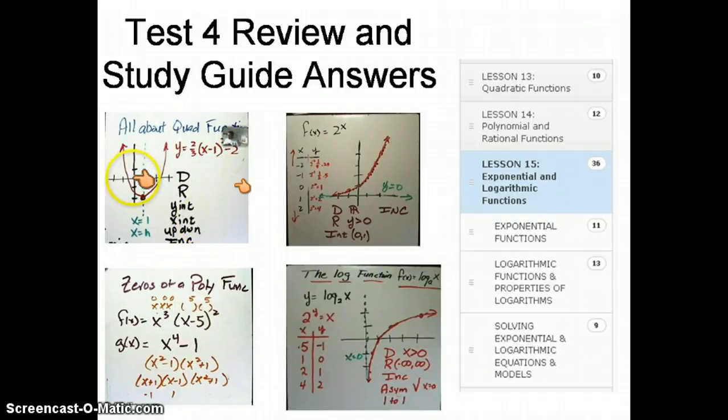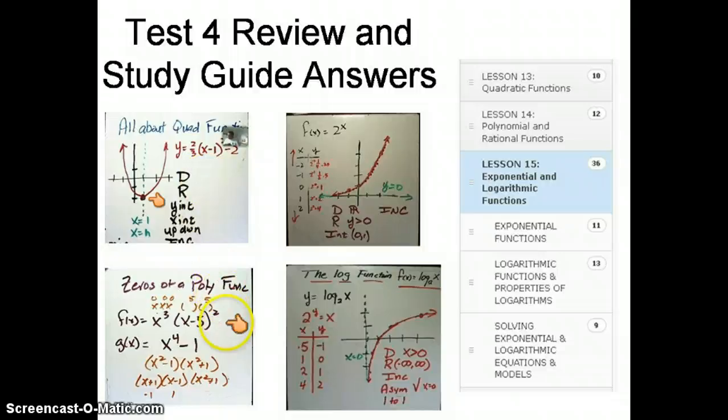Now remember, that x-intercept and that x-intercept, they are zeros of the function. And remember, since this is opened up like a bowl, that would be the minimum. And the minimum has an x and a y. The x in this case is 1, that's the h, and then the y in this case is -2. So the minimum would be -2. All right, that's a quadratic function.